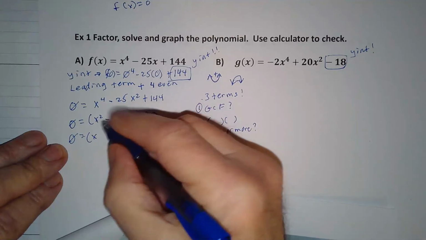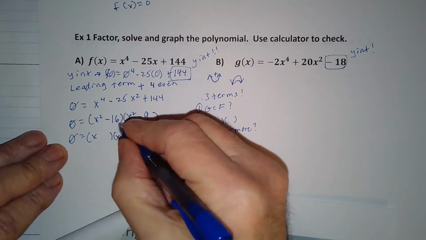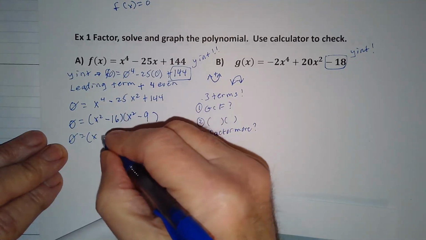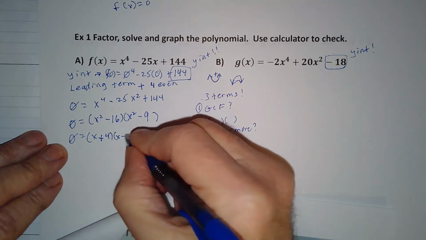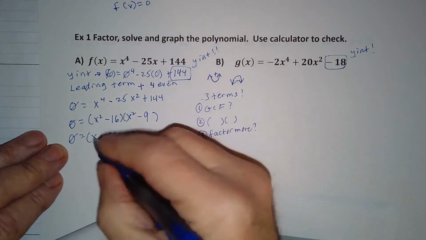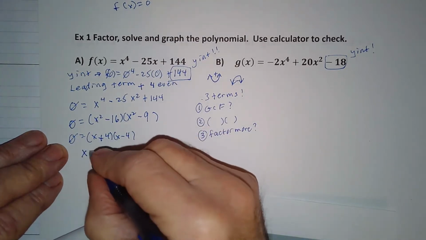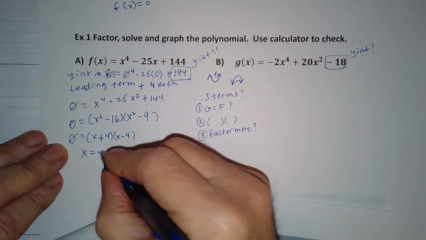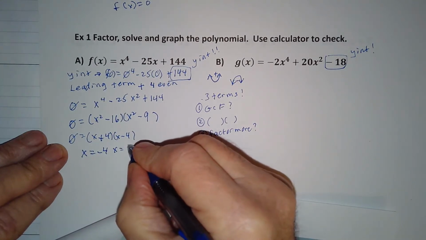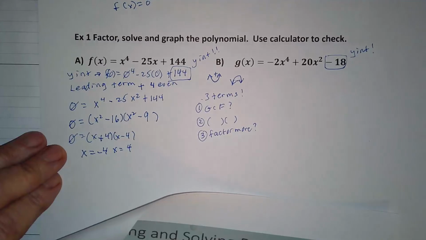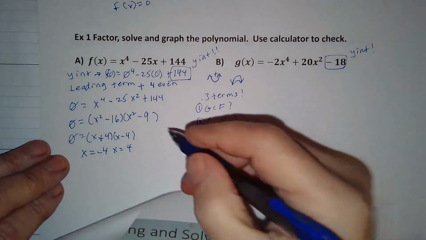So I've got x and an x, and then negative 16 divides up into positive and negative 4. This is really difference of squares. All right, and so obviously over here, x is going to equal negative 4, and x is going to equal positive 4.